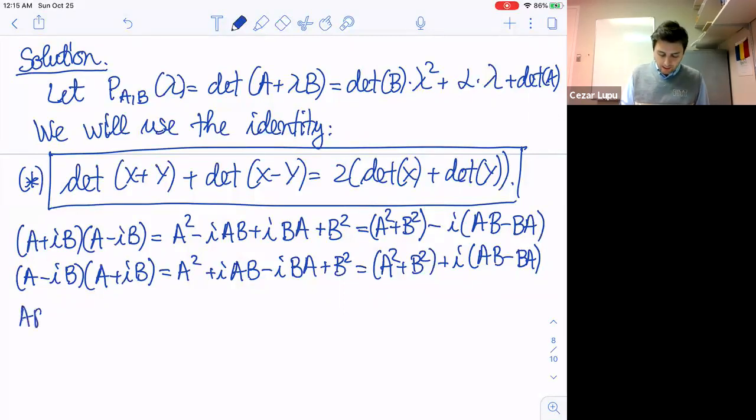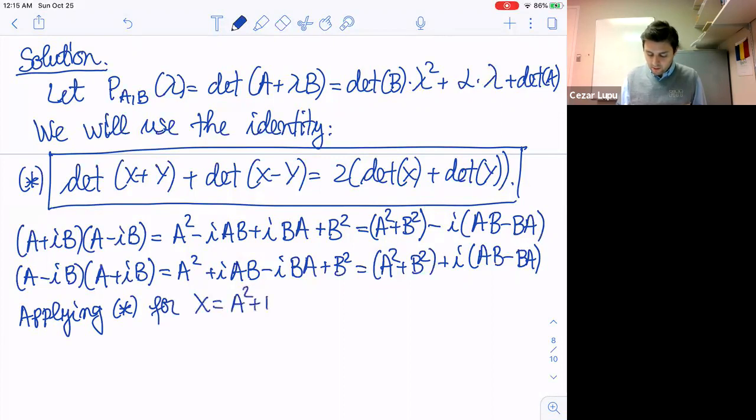So applying star, the above identity star for x equals a squared plus b squared and y to be i times ab minus ba, we have.